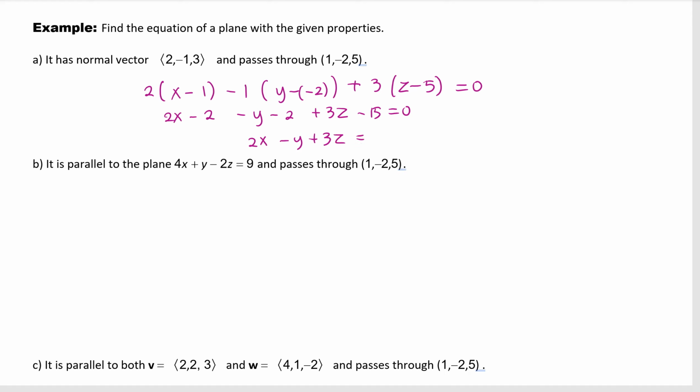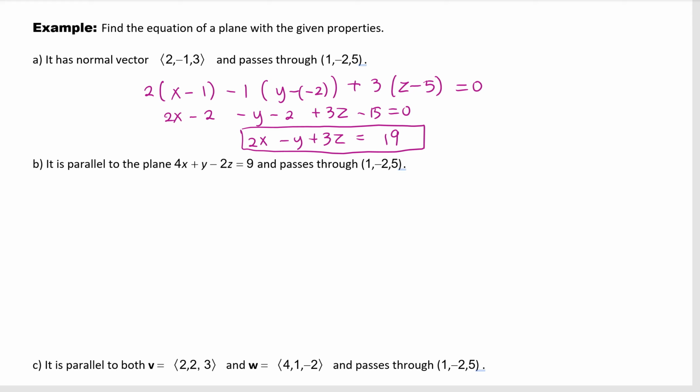So minus 2, minus 2, minus 15 gives minus 19, but when we move the minus 19 to the other side, it becomes 19. When I ask you to find the equation of a plane, please write it in this format: a linear combination of x, y, z on the left-hand side, and the constant term on the right-hand side.